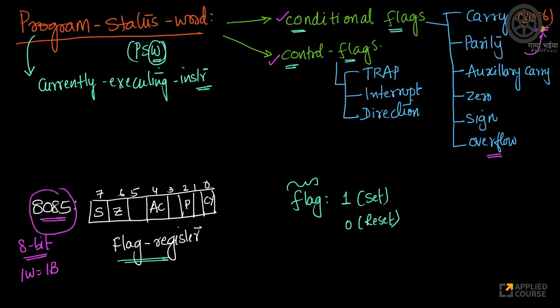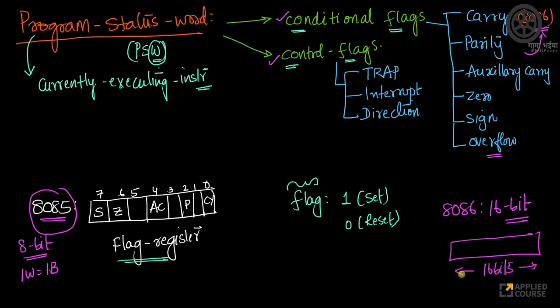In the 8086 microprocessor, remember 8086 is a 16-bit microprocessor, which means its one word is 16 bits. So the program status word is also 16 bits in the case of the 8086, which means I can store more flags of information here. So in 8086, I have additional flags.